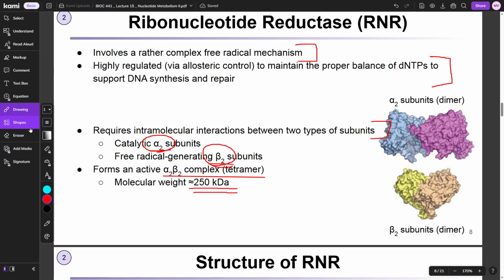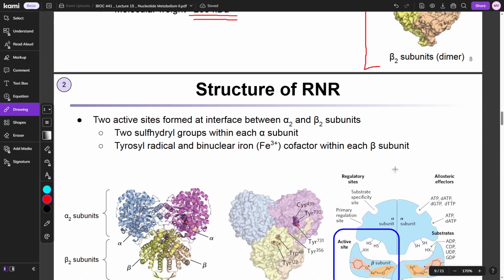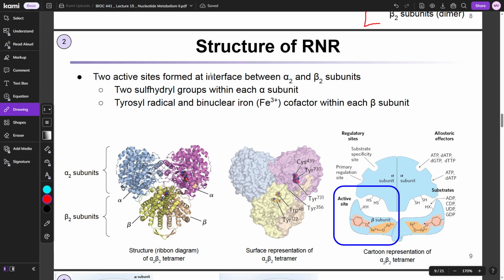So here's an image of what we got here. This is the alpha 2 subunit, so two alpha subunits stuck together. This is catalytic, and then these two here are free radical generating. So there's two different active sites that form between the two alpha subunits and the two beta subunits.